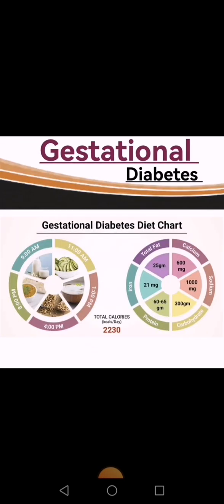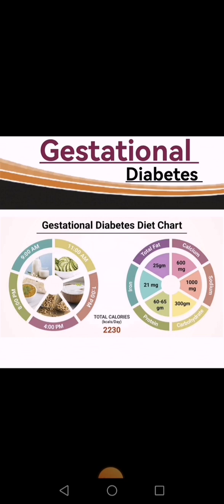Now here is the gestational diabetes diet chart. We have two charts, one on the left and the other on the right. You can see the amounts or concentrations of fats, calcium, sodium, carbohydrates, proteins and iron. On the right side, the total amount is mentioned. Fat: you have to take 25 grams per day.